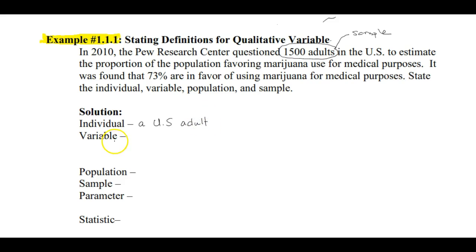And then we want to think about what information we collected from each one of those. And in each case, we asked them a question about should marijuana be used for medical purposes, and we just recorded their response to that. So the variable here is the response to the question, should marijuana be used for medical purposes?